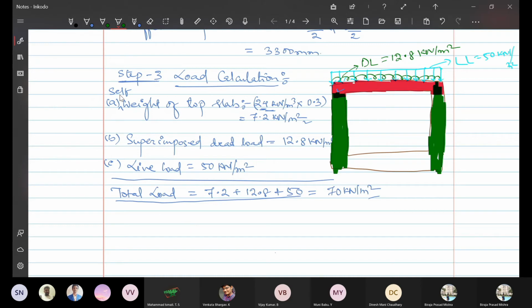We need to calculate that one also. So I can put it as weight of vertical sidewall. So the weight of vertical sidewall will be, again, what is the thickness?